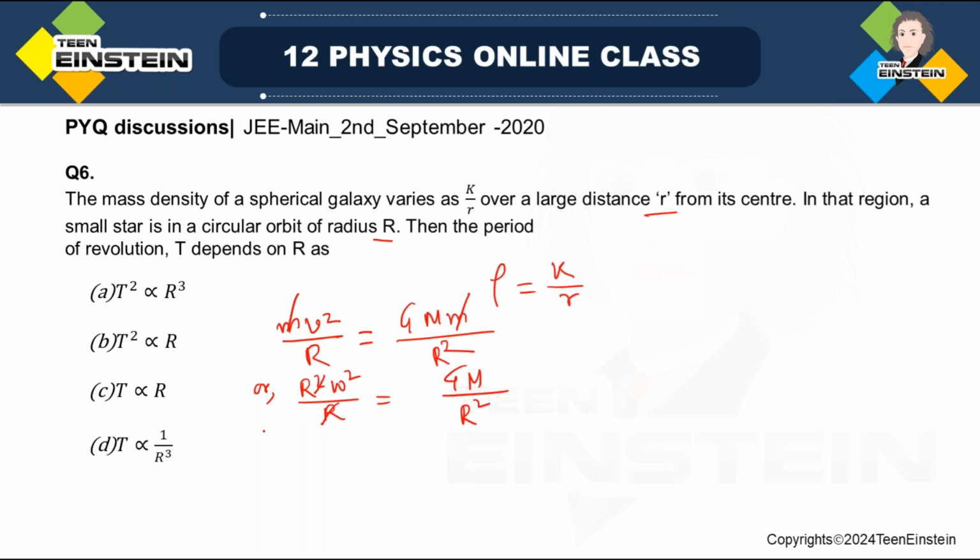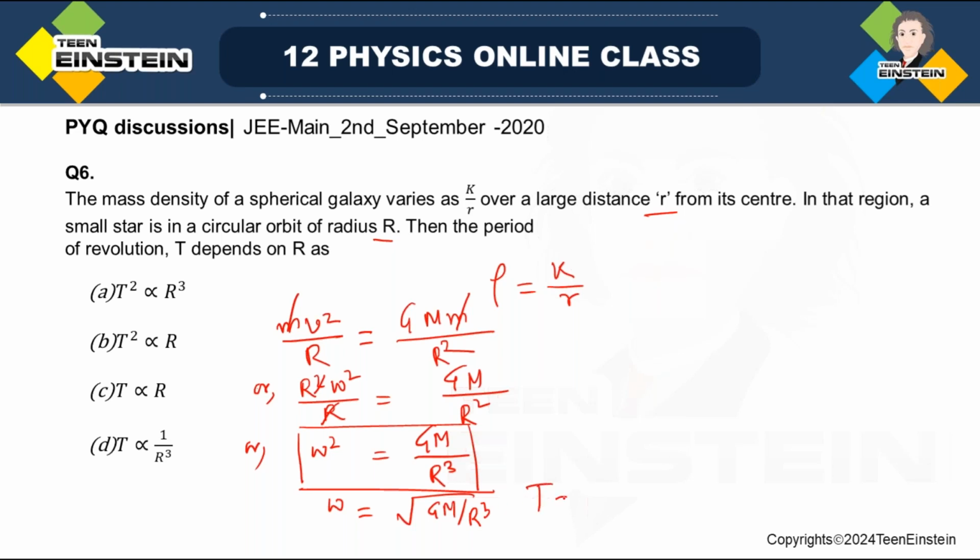Okay, so omega square will be GM by r cube. If I am able to find out omega, which is root over GM by r cube, then I'll be able to find out the time period of revolution as T is equal to 2 pi by omega. So this is my aim, to find out omega.